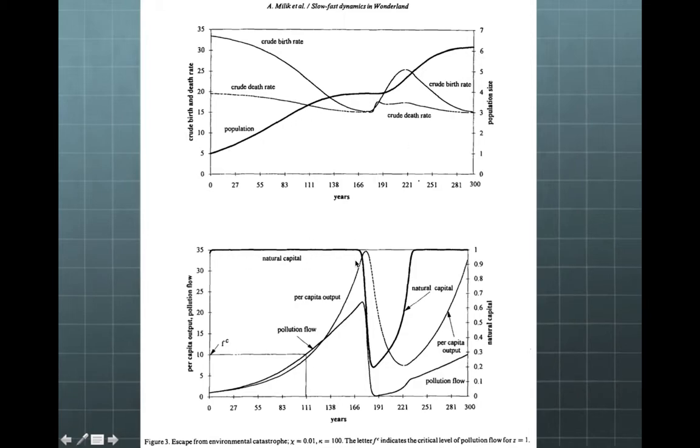Natural capital drops, yes, but then it starts recovering. Per capita output again also drops, but then it starts recovering. So this is more similar to the HANDY model in which we saw these cycles of production and drop in production.